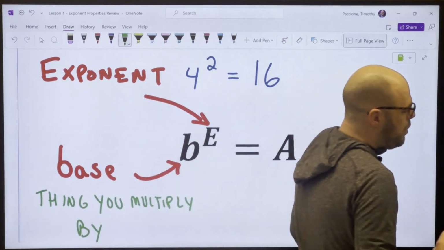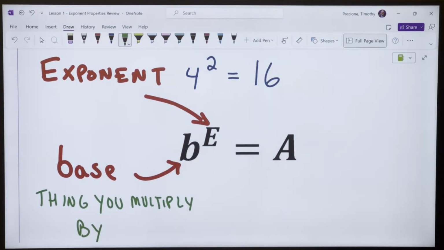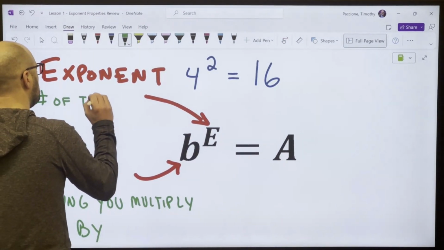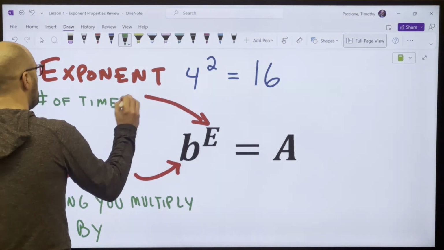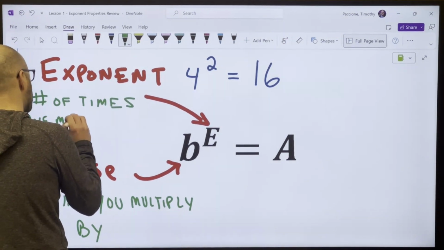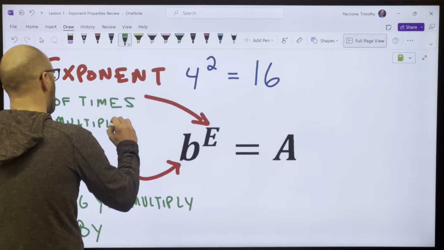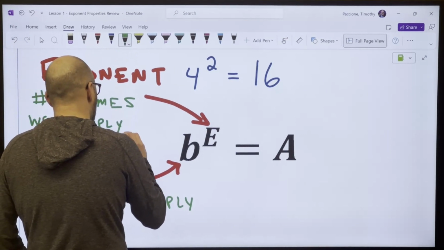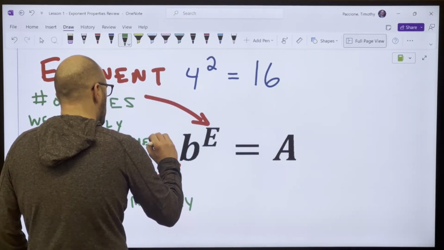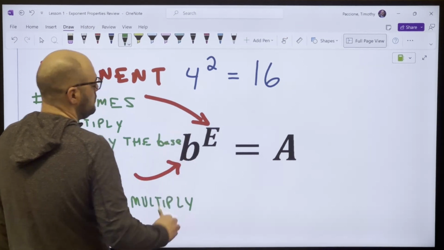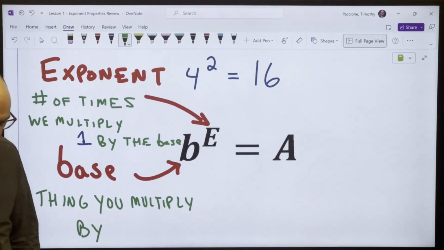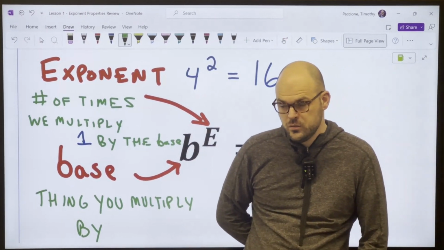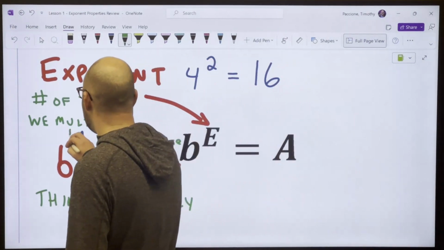So, what we're going to say is it's the number of times we multiply one by the base. Anybody know what I mean by that? So think about this. I'm multiplying 1 time, so 4 times. No, the number 1, the value 1.